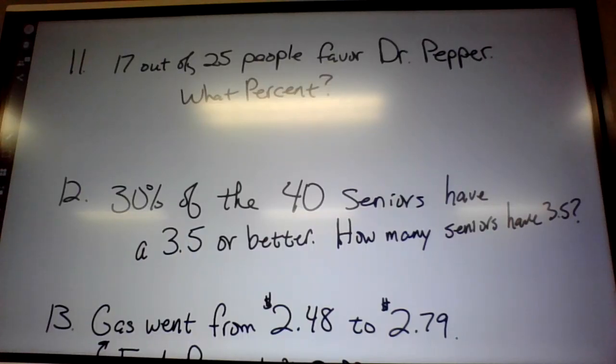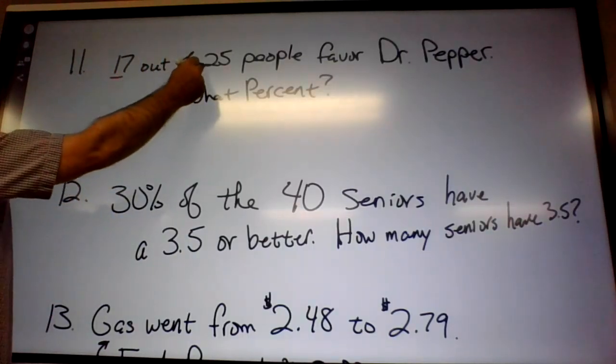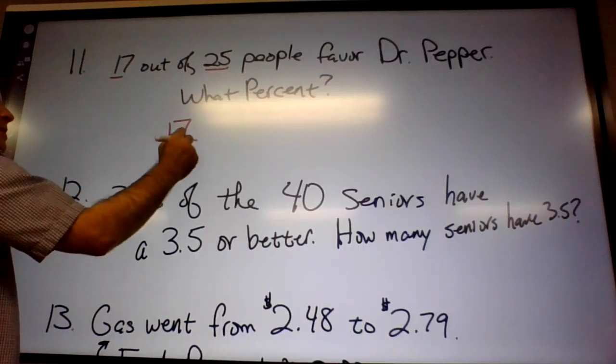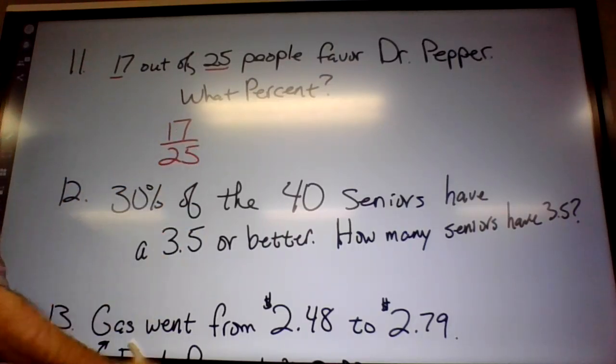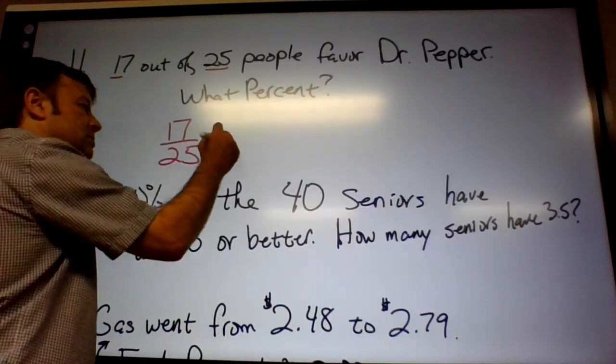No, not percent change because we're not changing. It's more like a fraction. 17 out of 25 is what percent? So how do we change a fraction to a percent? Divide. Do 17 divided by 25. 68%.